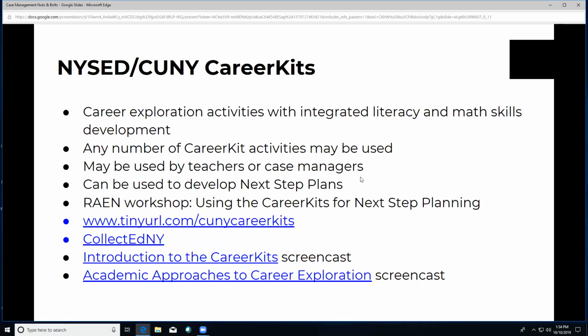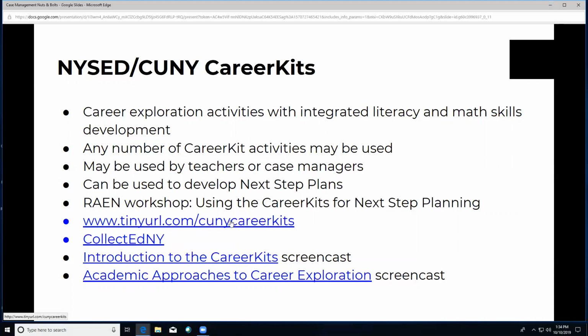I have been doing some brain workshops on using the career kits for next step planning. I do not have another one scheduled right now, but there probably will be one in the future, so you can keep an eye out for that.